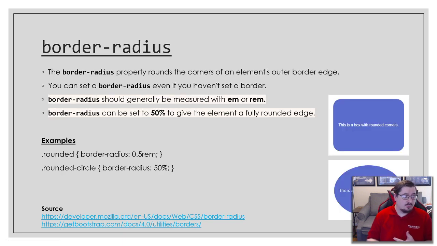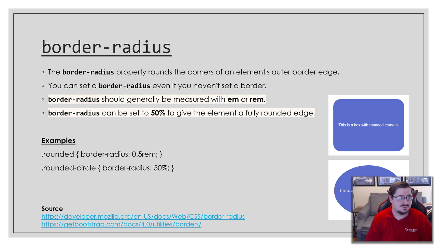Next up is the border radius. Oftentimes we want to have rounded corners on our borders, and border radius allows us to do that. Note that you can set the border radius even if you don't have a border. If you set the border radius without a border, it actually will change the edges of the background.